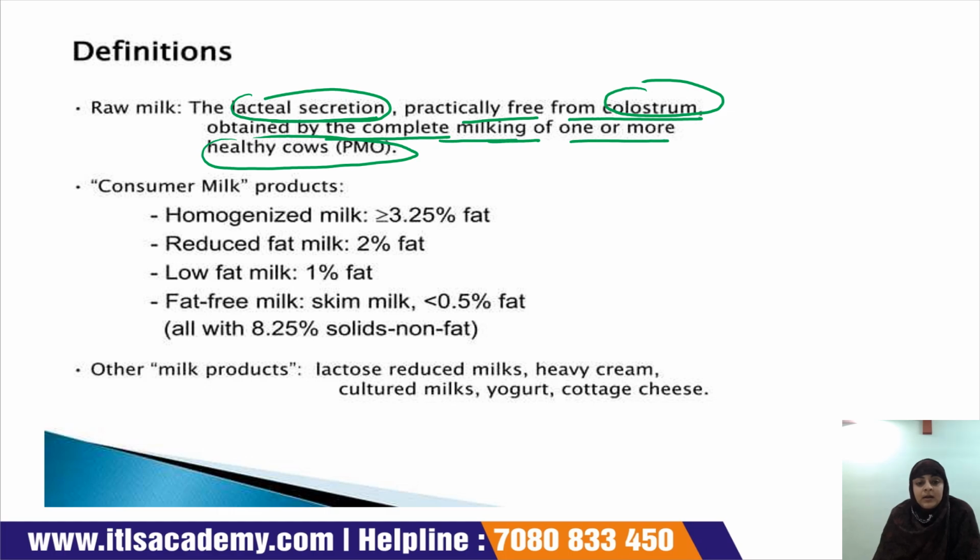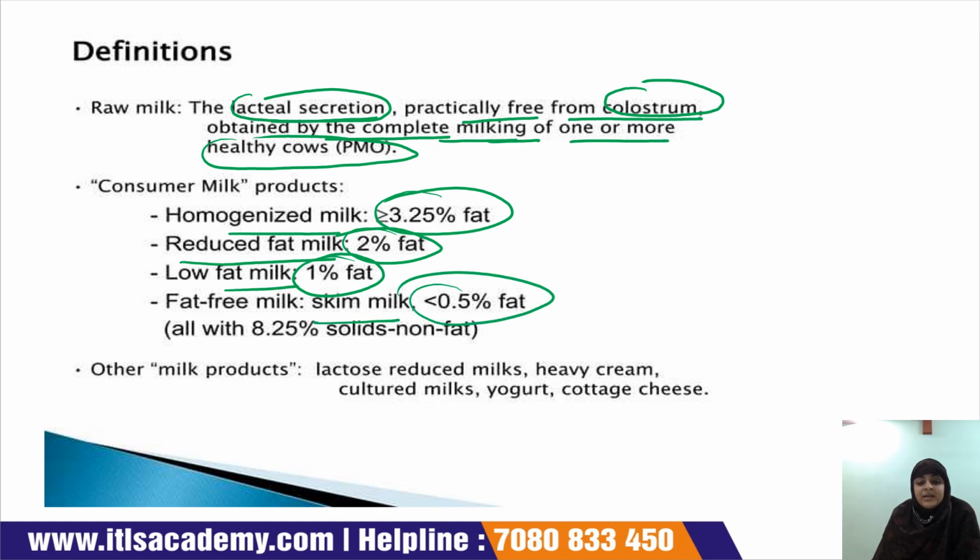Now the consumer milk products: homogenized milk contains less than or equal to 3.25% milk fat. Reduced fat milk contains 2% fat, and low fat milk contains around 1% fat. Fat free milk or skim milk contains less than 0.5% milk fat, all with 8.25% solids non-fat.